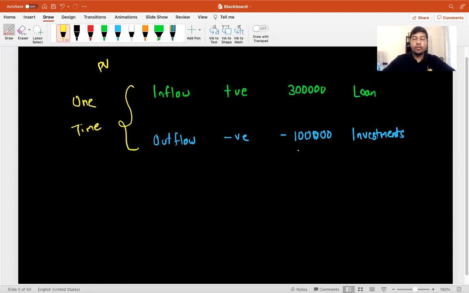If it is one time, only then that number comes into PV. It can be an inflow or an outflow. If these are recurring, then it doesn't come into PV. PV is no recurring, PV is lump sum or one time.